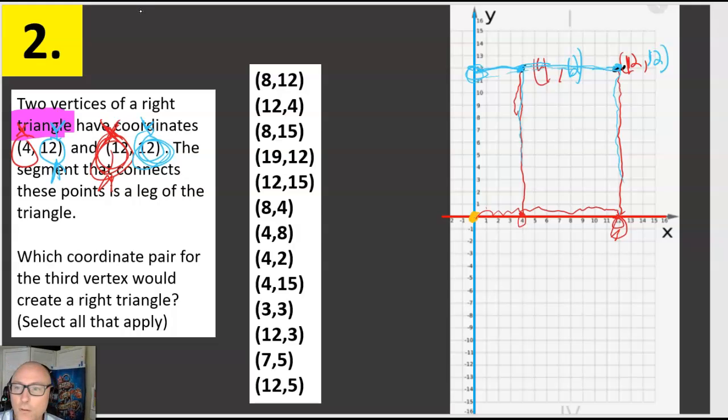What they want us to do is see if we have these 2 points here. We want to know where we can put a 3rd point and get a right triangle. Well, let's start doing some trial and error, shall we? Trial. That's funny, triangle, trial. Okay, go to 8 and 12. I'm going to plot some points and we're going to see if we can figure something out here.